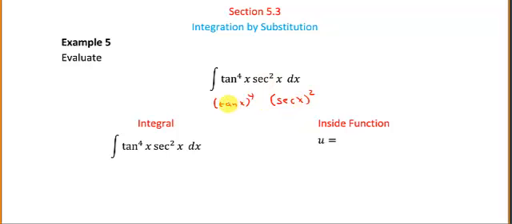So I would tend to let u be this tangent because I have its derivative someplace. So let's let u be the tangent of x. Then du dx is the derivative, secant squared of x.